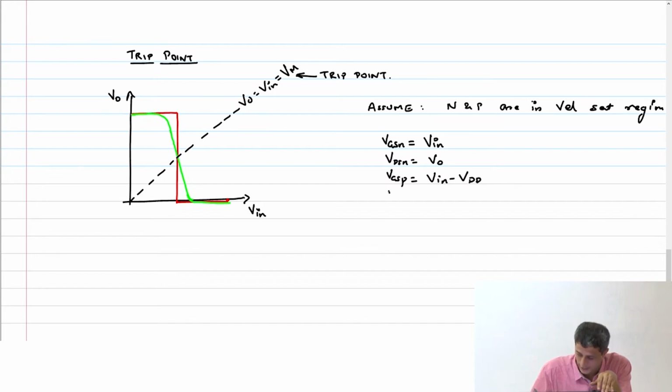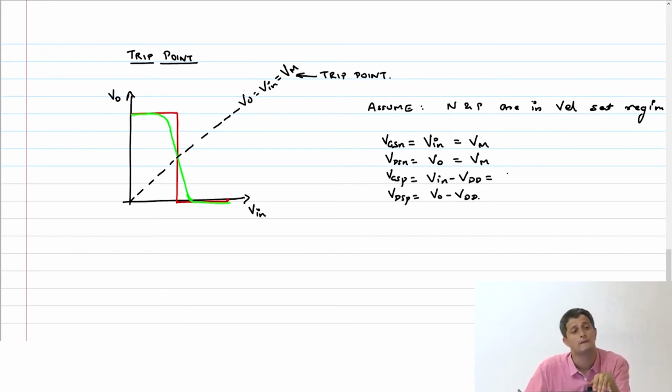We will use this again and again. VDSP is V out minus VDD. So when V in equal to V out equal to VM, this will simply become VM, right? This will be what? VM minus VDD, VM minus VDD, okay.